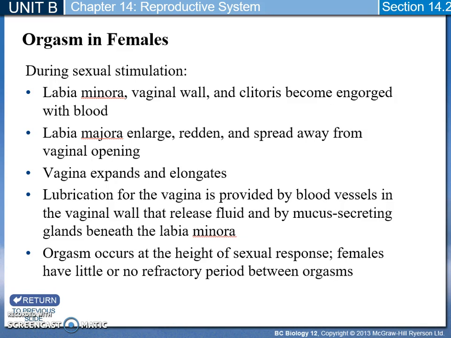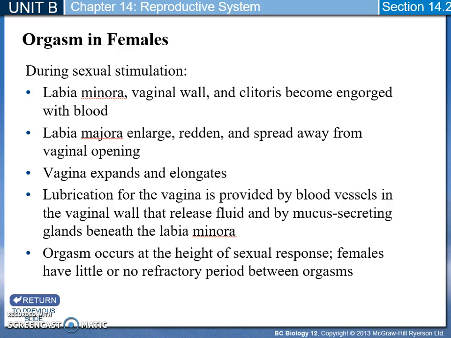The vagina expands and also elongates, and lubrication for the vagina is provided by blood vessels in the vaginal wall that release fluid and by mucus-secreting glands beneath the labia minora. Orgasm occurs at the height of sexual response. Females, in comparison with males, have little or no refractory period between orgasms, and so an orgasm can take place within a fairly short period of time in the female.